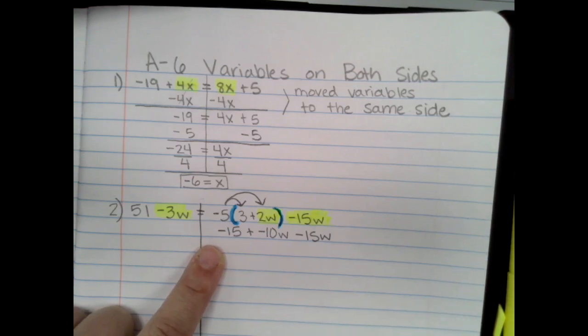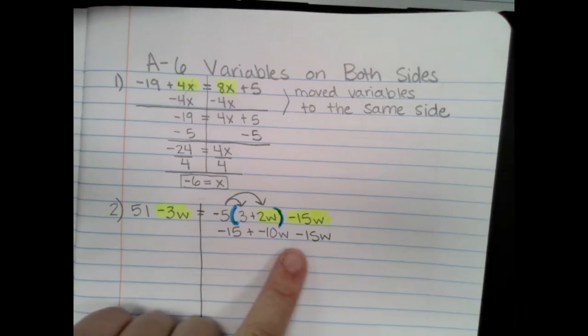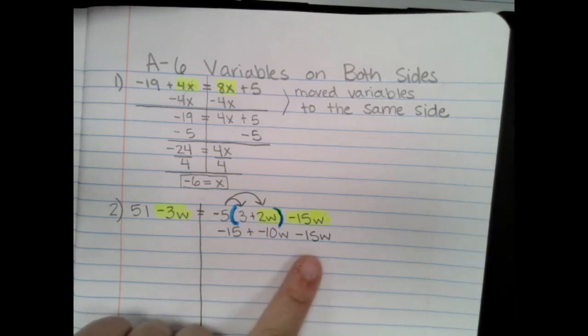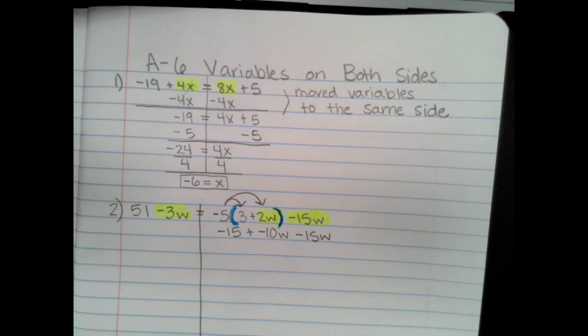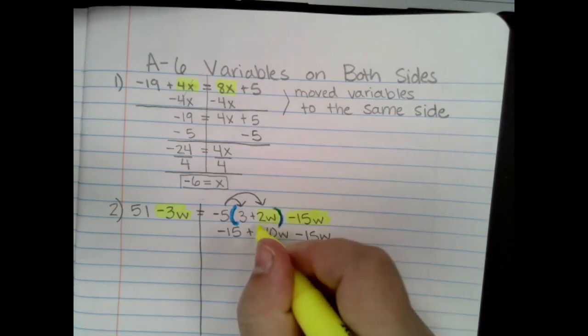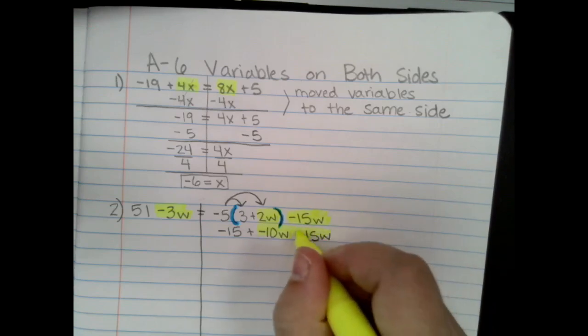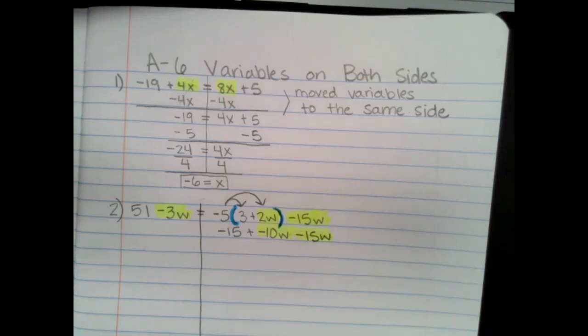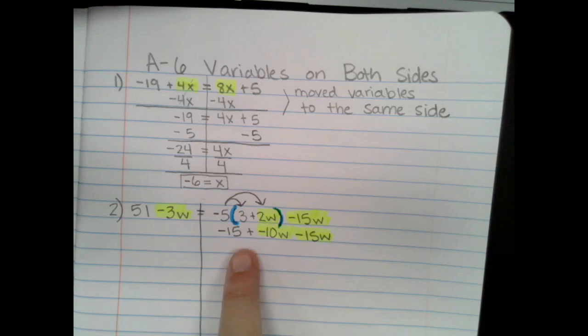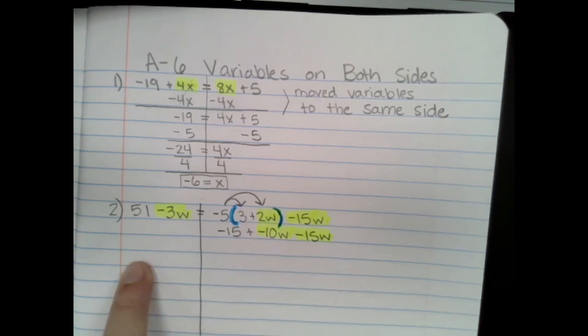All right, so over here, is this simplified yet? No, so this is the part that gets a little goofy. We have a negative 10w and a negative 15w, or minus 15w. Do we have to undo them? Do we have to move sides? No, they're on the same side.